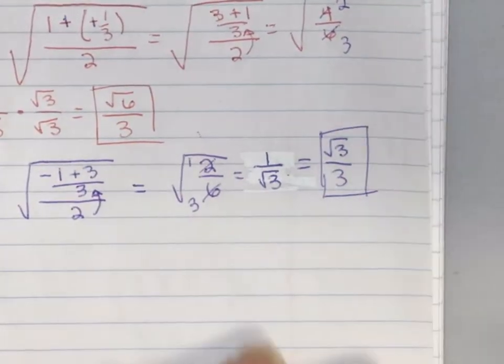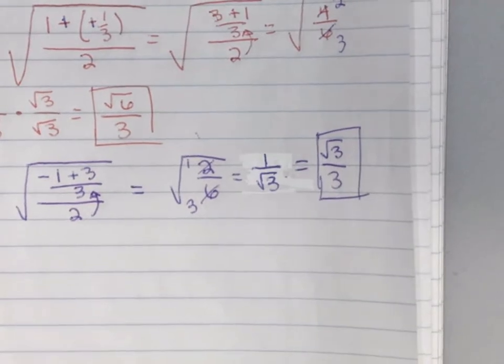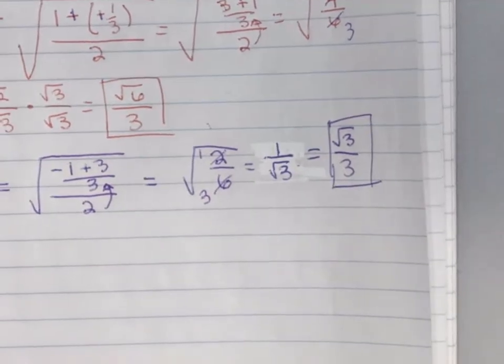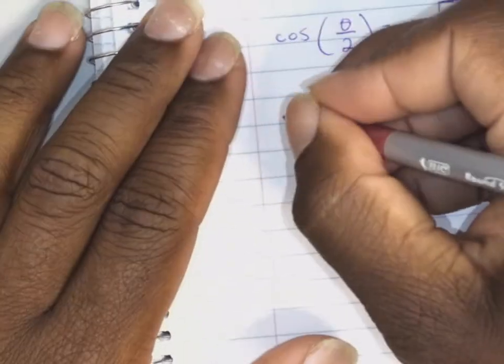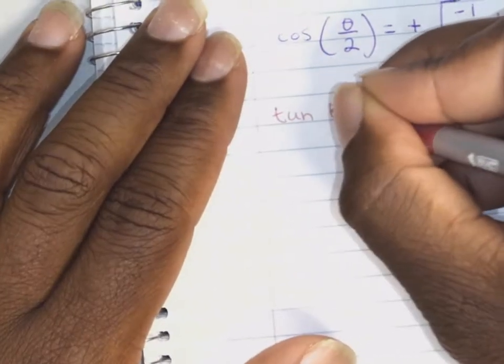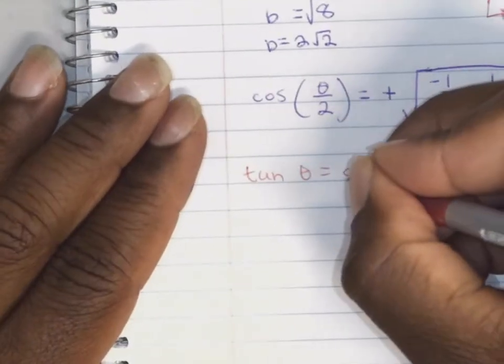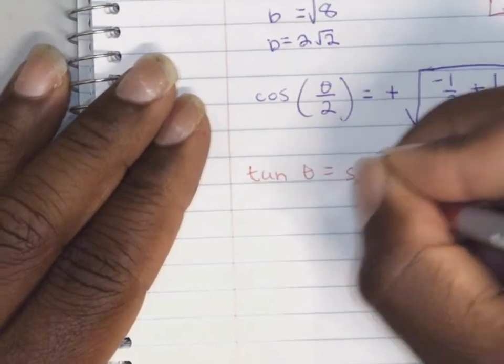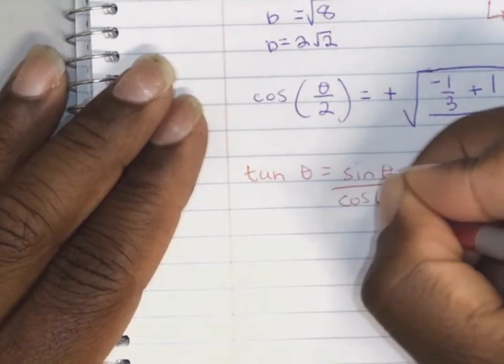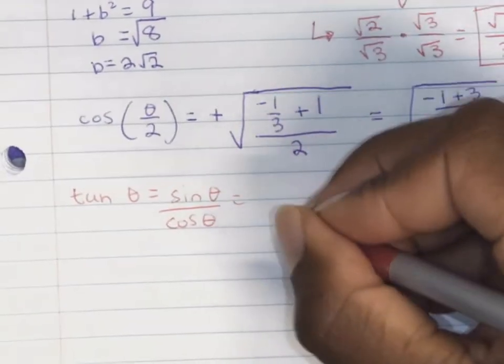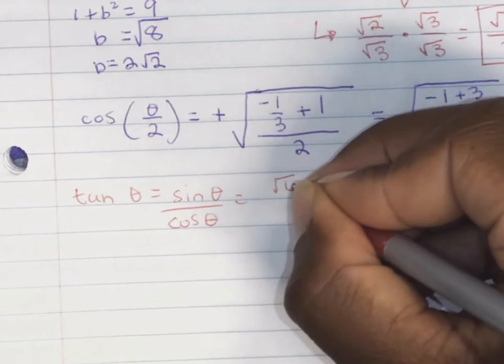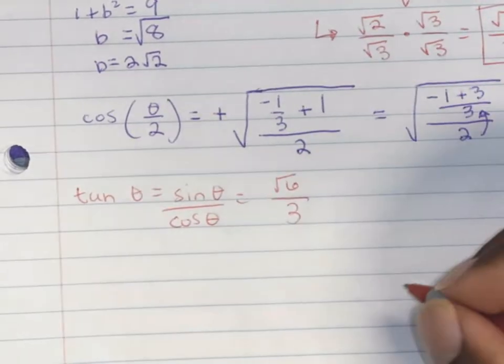All right, last but not least, tangent. So for tangent, I could do sine over cosine. And just so we see this way, that would be root 6 over 3 divided by root 3 over 3.